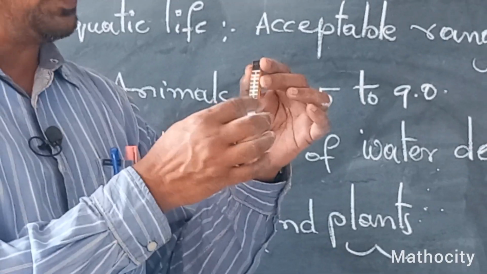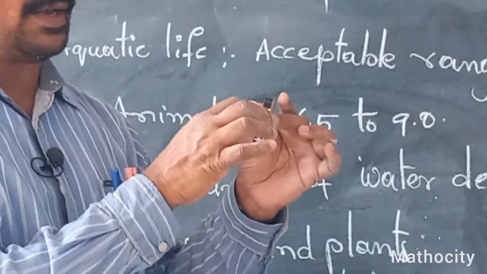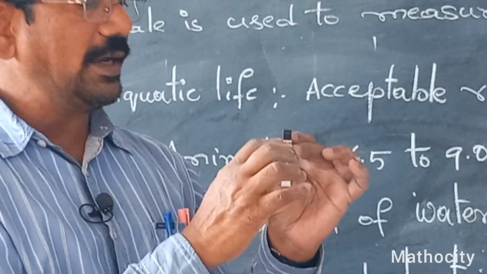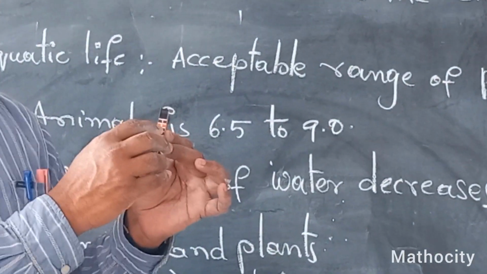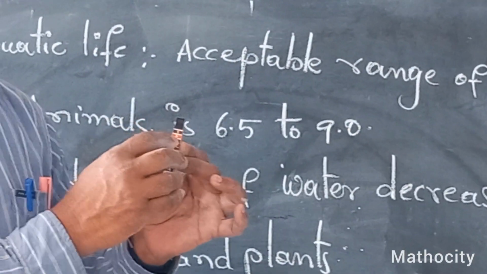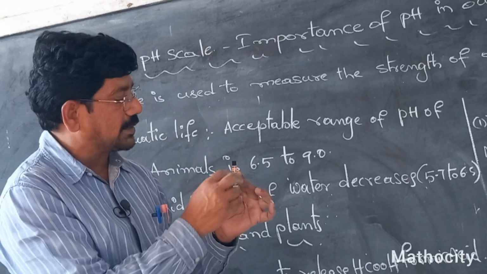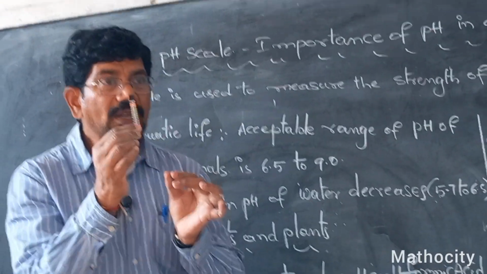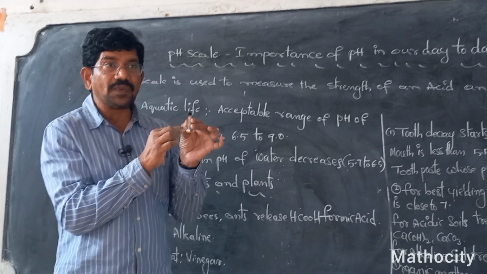When you test the given solution with a universal pH paper, if you find the color of the paper, this one, its approximate pH is 1. If you find orange, its approximate pH is 3. If you find this color, its approximate pH is 5. If you find this color, its approximate pH is 6. Like this, for different strengths of acids and bases, it gives different colors.